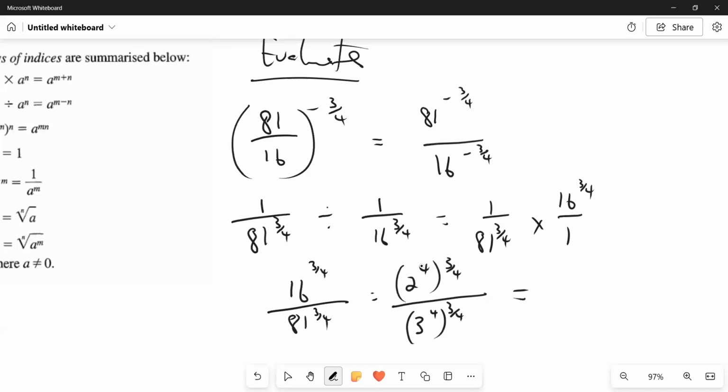So you end up with, okay, this 4 and that 4 cancel. You end up with 2 to the 3rd power over 3 to the 3rd power, which equals 8 over 27. And that's the kind of thing you see.